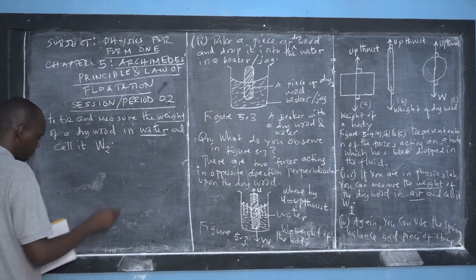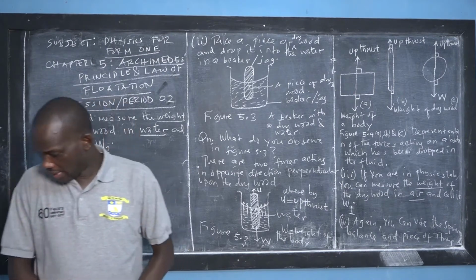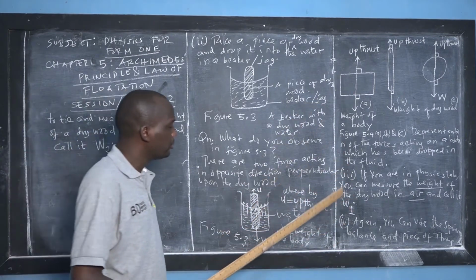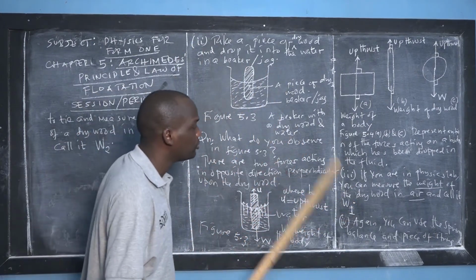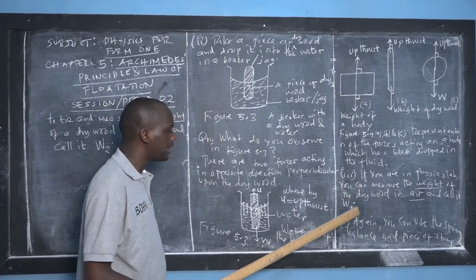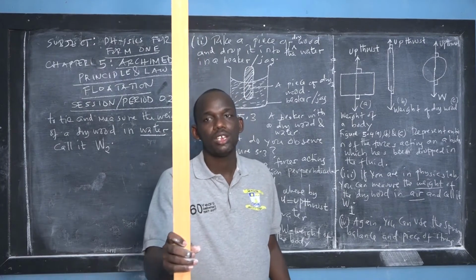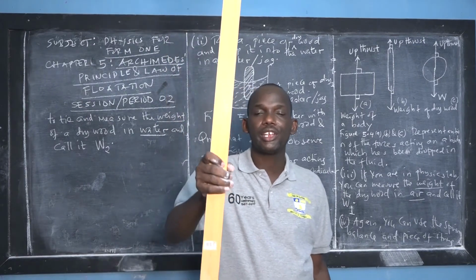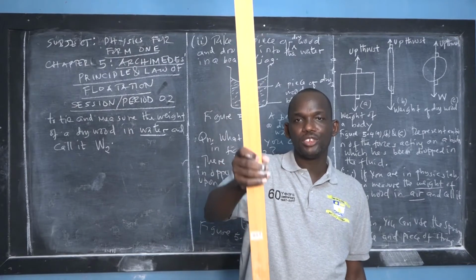We can use a spring balance, a device used to measure weight of objects in physics, to measure the weight of the dry wood in air. Suppose that this is the dry wood, so you can measure the weight of this dry wood in air before we drop it into water.